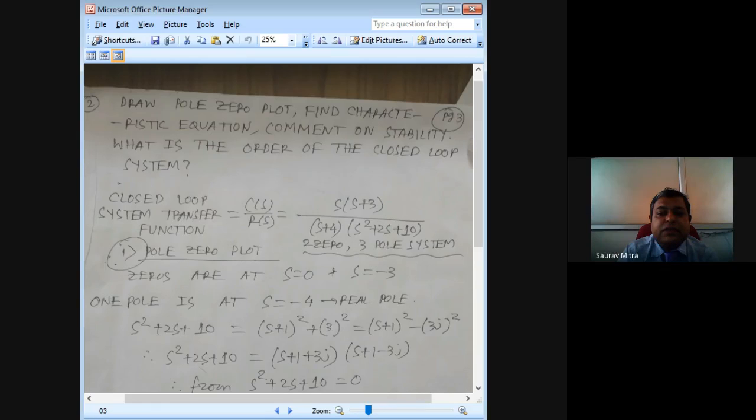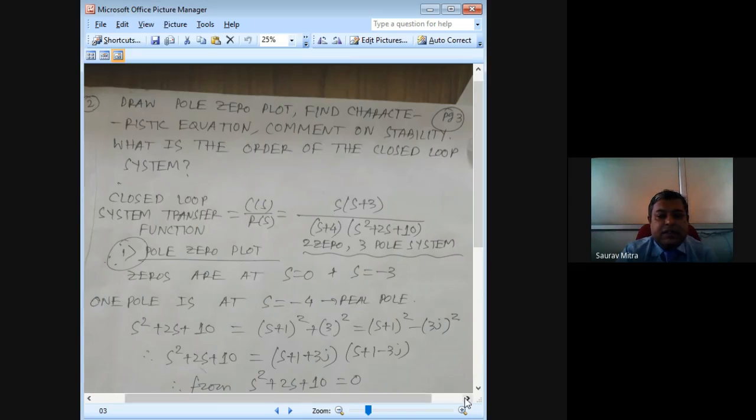Because the roots of the characteristic equation give us the poles of the system. Then we check the position of the poles, whether they are in the left hand side or right hand side of the S-plane. If the poles are in the left hand side of the S-plane, then we say that the system is perfectly stable. Okay, so let us go forward.